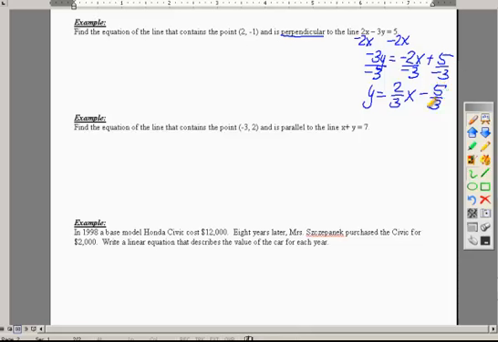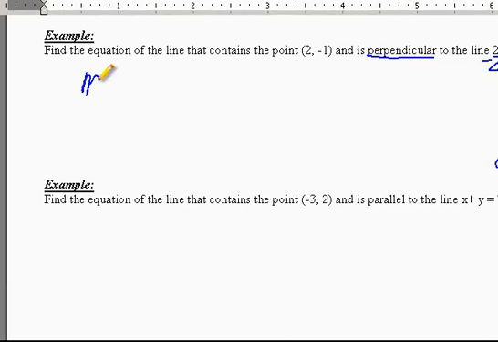And truthfully, all that we need from this equation is the original slope. Because if I'm looking at a perpendicular line to this, the perpendicular slope would be the opposite and the reciprocal. And so the slope that I want for this line is the reciprocal of 2/3, which is 3/2, and because that's positive, I'm now going to make it negative so that I know it's perpendicular.